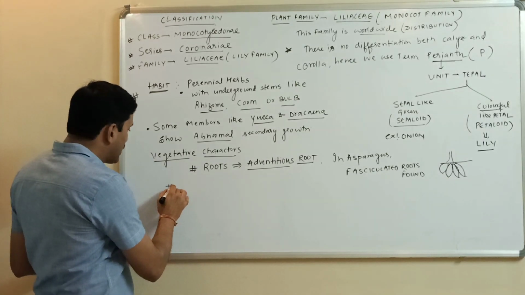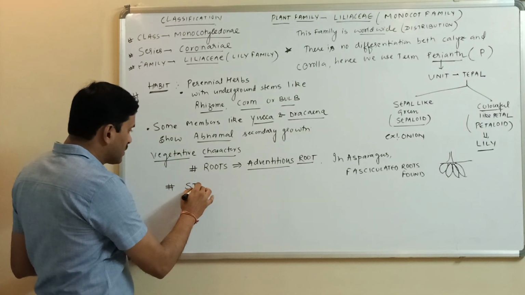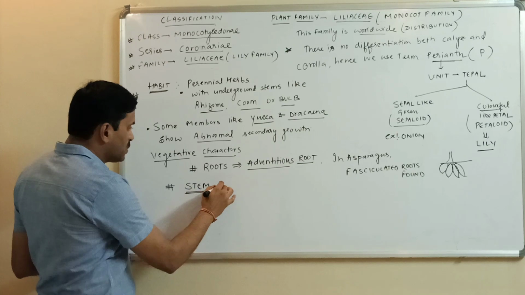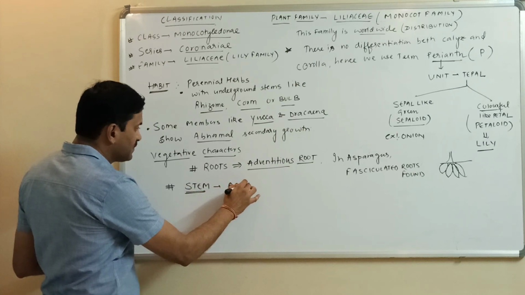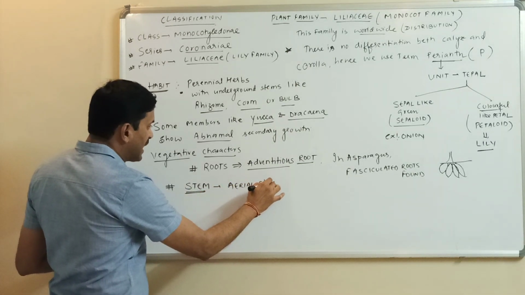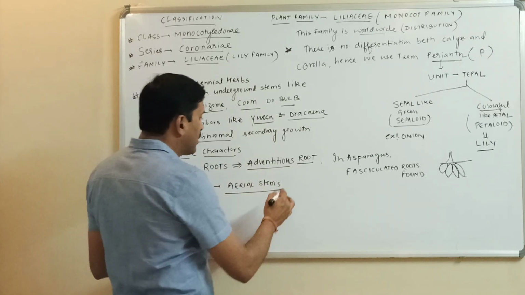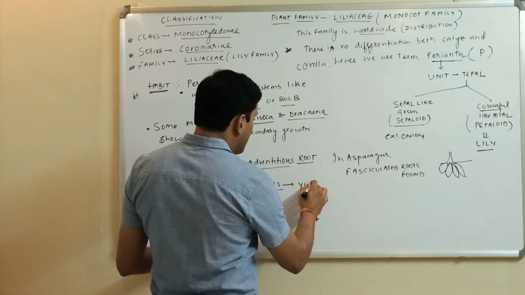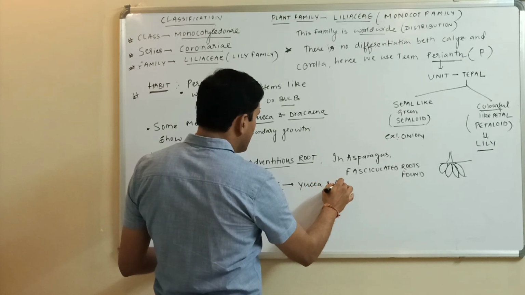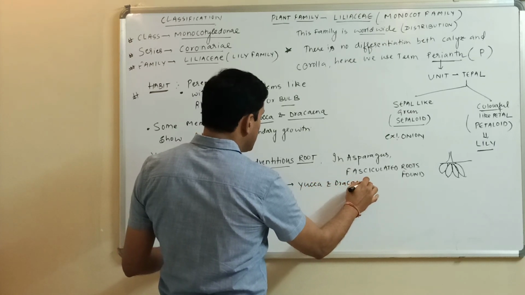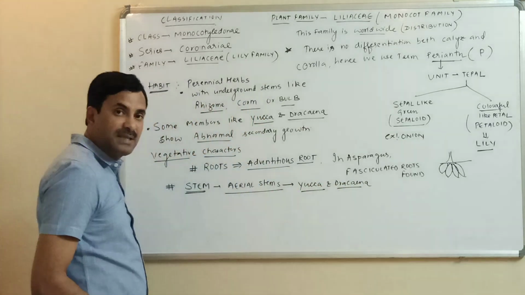Fine. Now, if we talk about the stem, what kind of stem is there? So, aerial stems. The examples of aerial stems, means which are found outside the ground, are Yucca and Dracena.